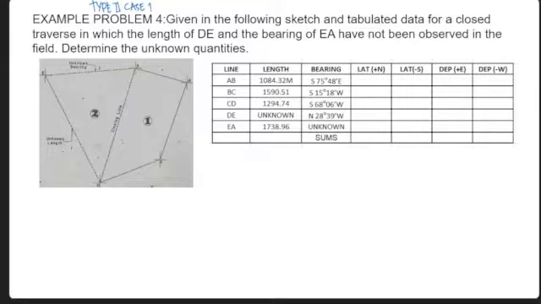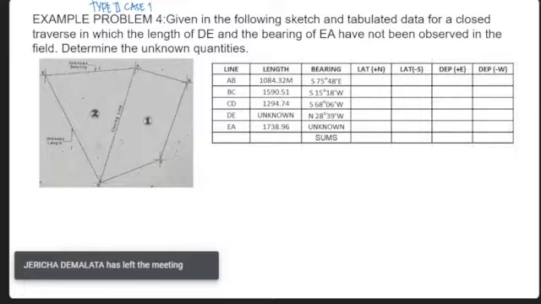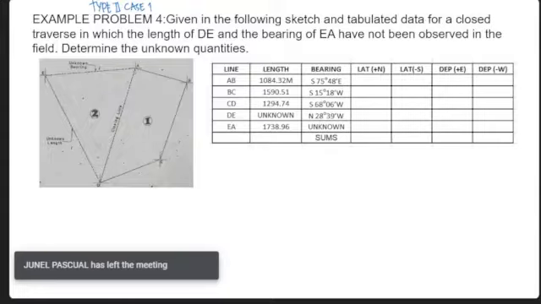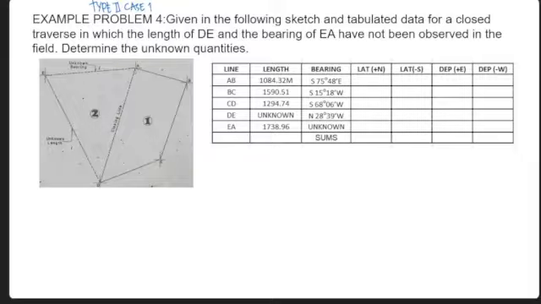So please compute for the latitude and departure. So again, our figure here shows meron tayong A, B, C, D, E, A. So all the lines are given except for DE. All the bearings are given except for EA. Yan yun yung hahanapin natin.